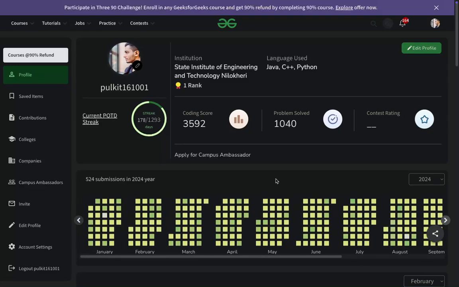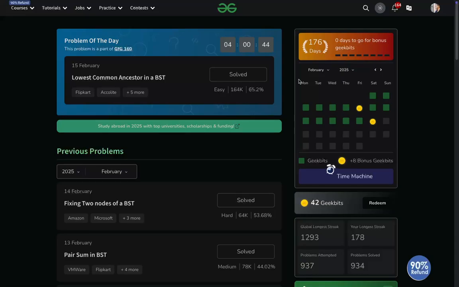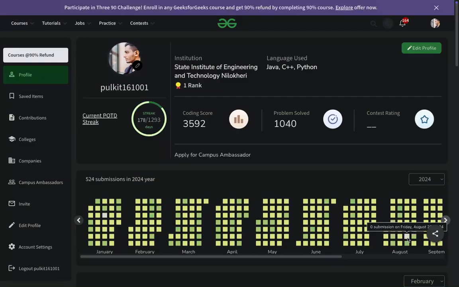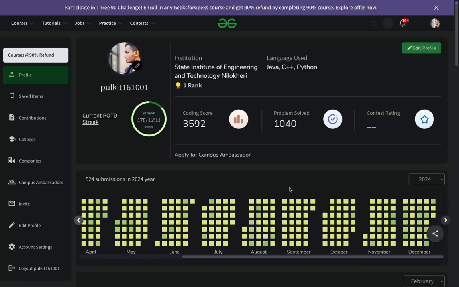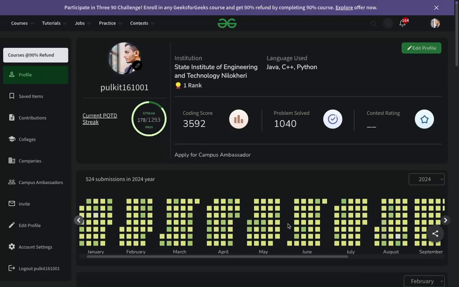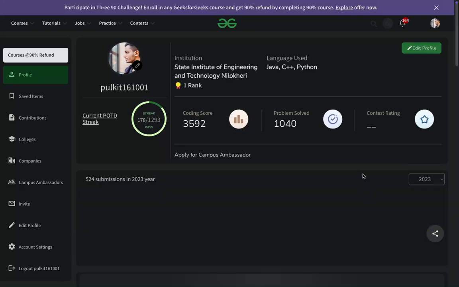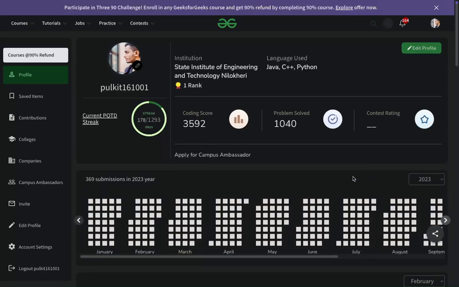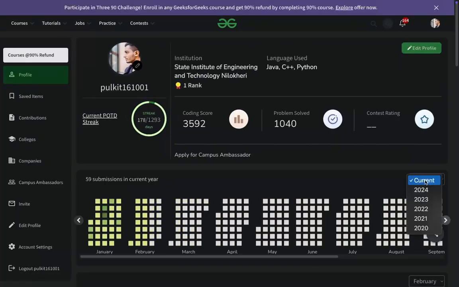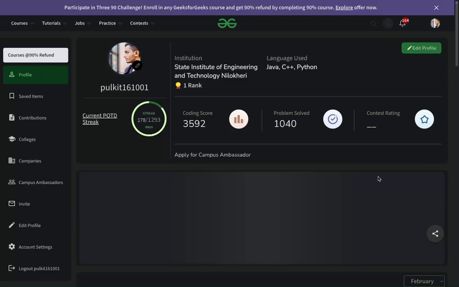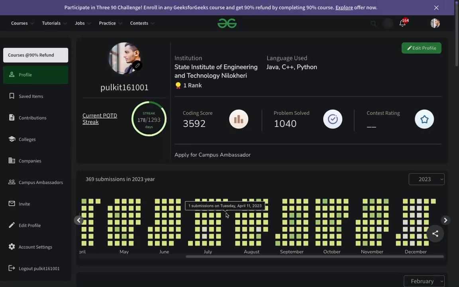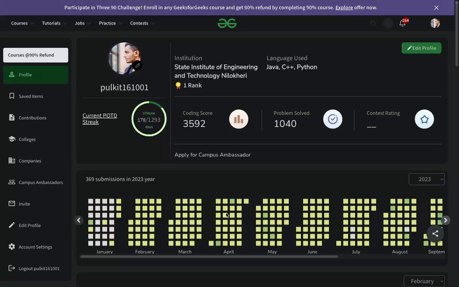I have more than a 176 streak because on this day my streak was previously broken, I think more than 2 times. And this is my 2023 graph.